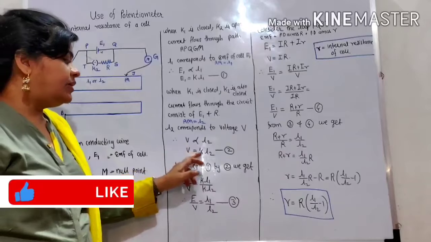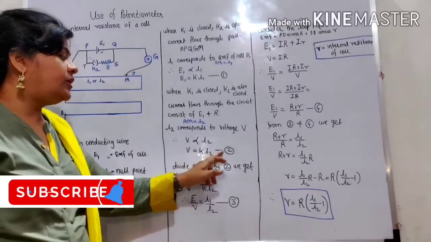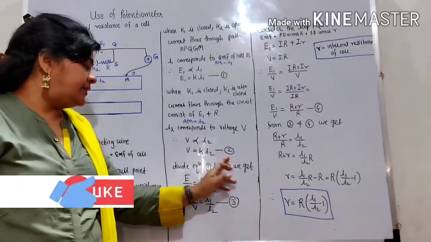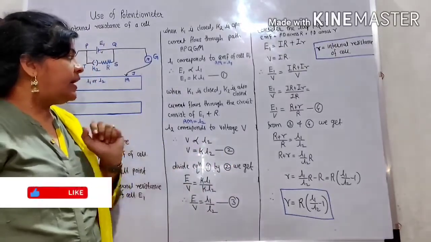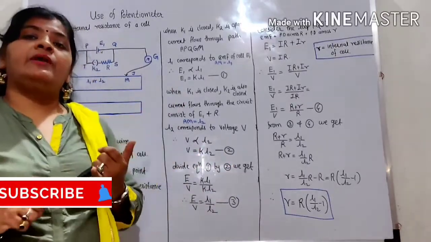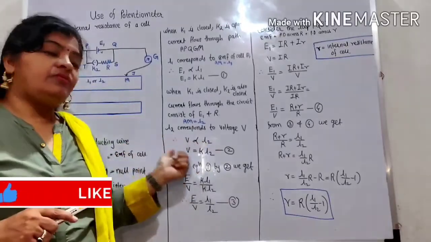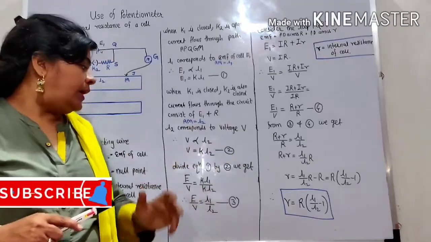Then V is equal to K into L2, equation number 2, where K is the potential gradient. So we have two equations: E1 is equal to K into L1, and V is equal to K into L2.